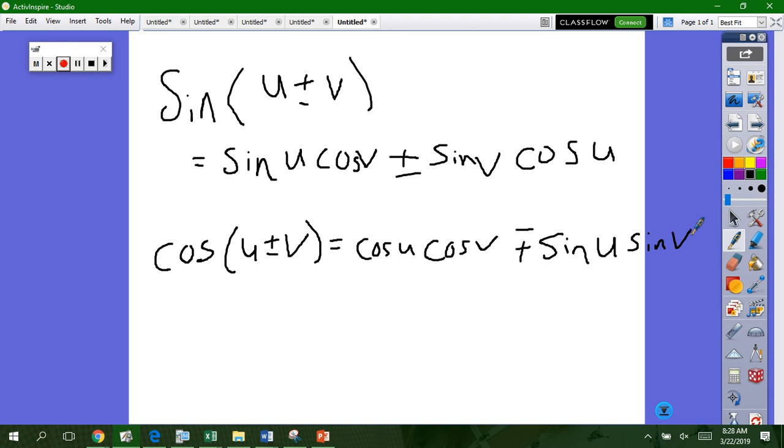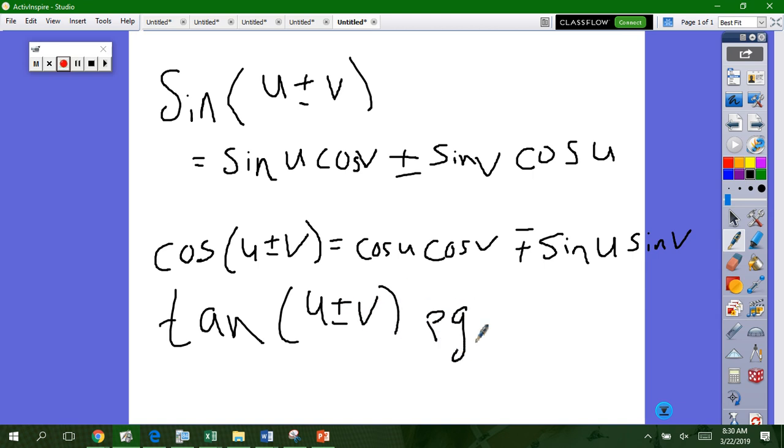Exactly. Now it can be simplified, Trevor, and you can look in your book on page 400 if you'd like to look at tangent. Once again, I'm not going to ever show it because I don't care.